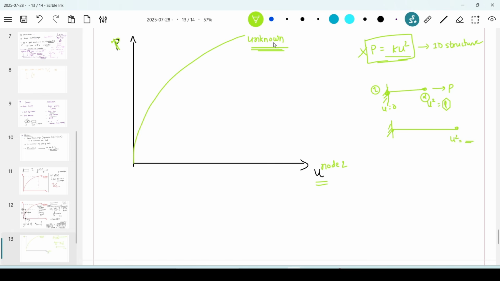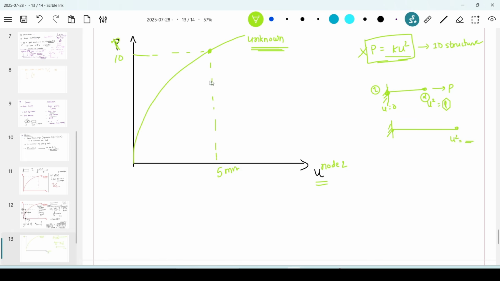Let's take, we have given 10 Newton here. The real output is, let's say, 5 mm. Then why will it not be linear?